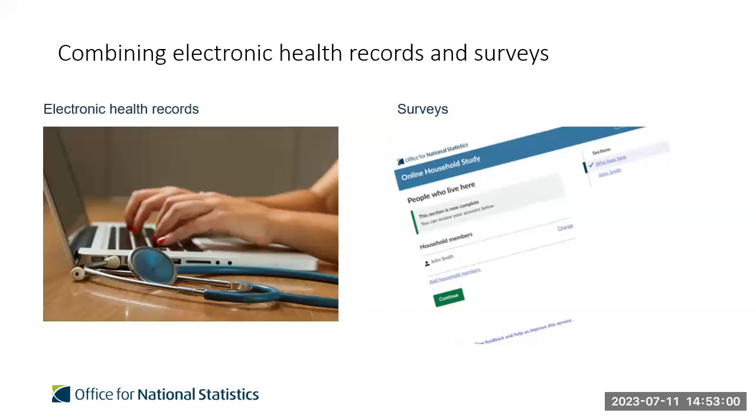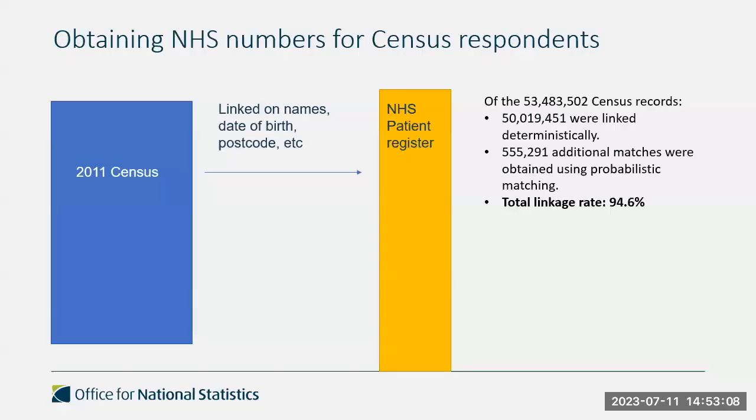So it's really asking people about their job, asking people about whether they have a disability, and a lot of other questions. So the idea was to try to combine electronic health records with census. Here I'm going to mainly focus on the 2011 census, because that's what we did initially, but we have been doing the same type of linkages for the 2021 census.